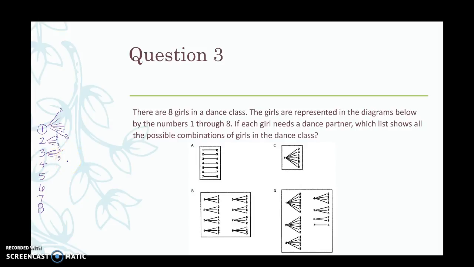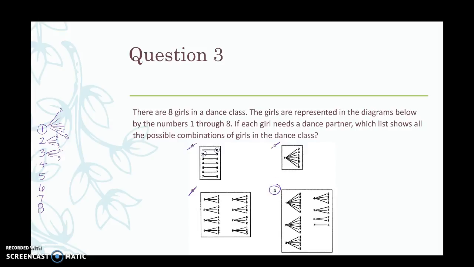Knowing that A has very limited options, and 1 dances with 2 and 2 dances with 3, well, they can't dance with 2 people at once, so A's gone. C only shows options for girl 1. And B is very limited as well. So D most matches the diagram I drew. That's your correct answer.